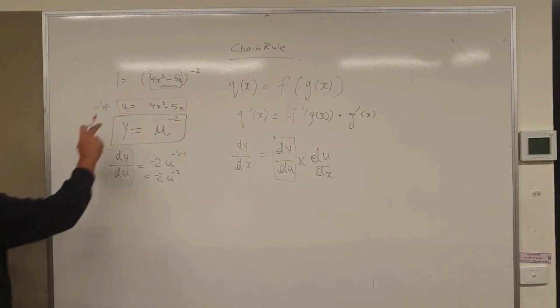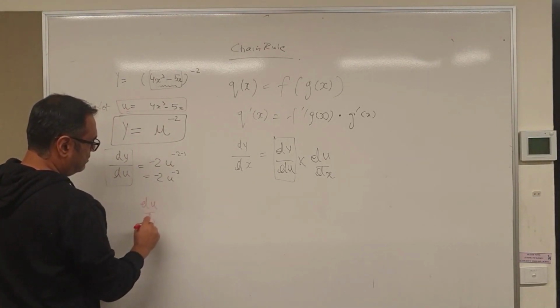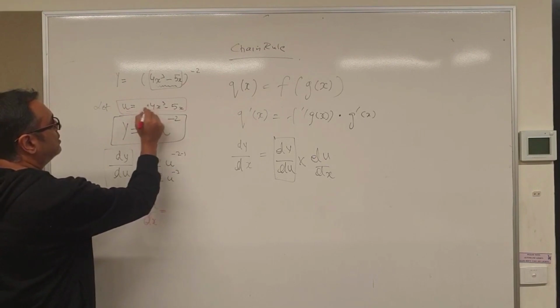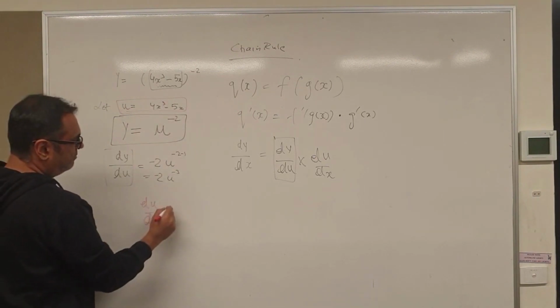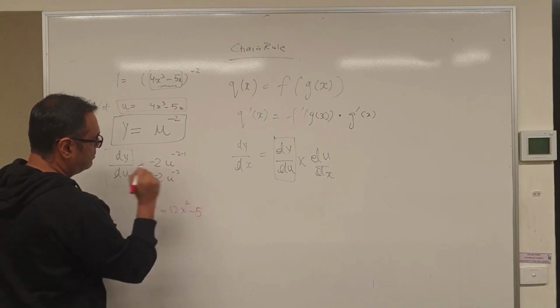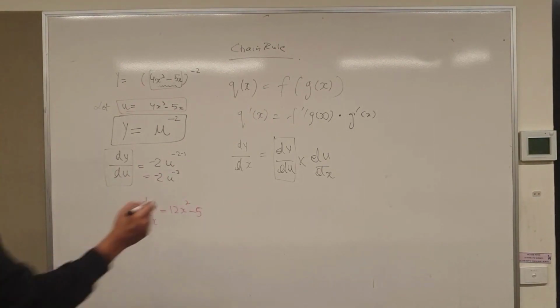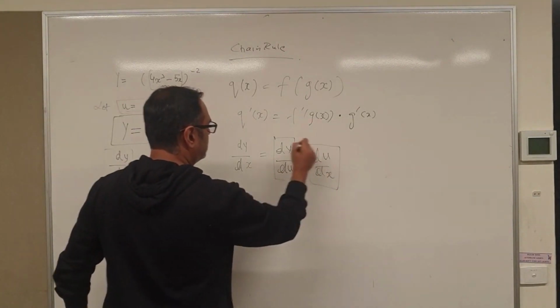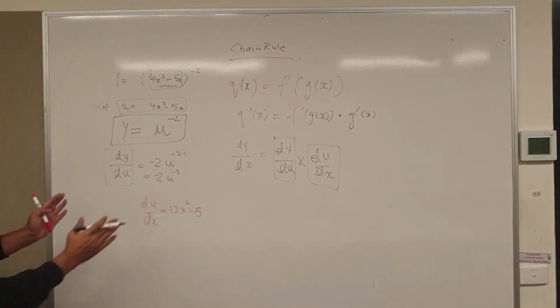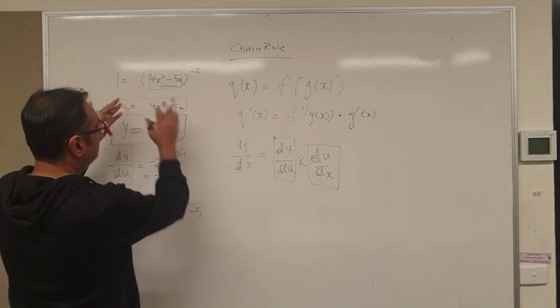Let's quickly find du by dx, equals this simple, right? 12x squared minus 5. Now you found this as well. And then you multiply both of them to get dy by dx.